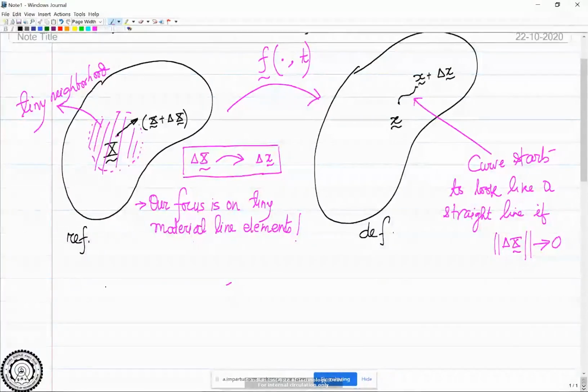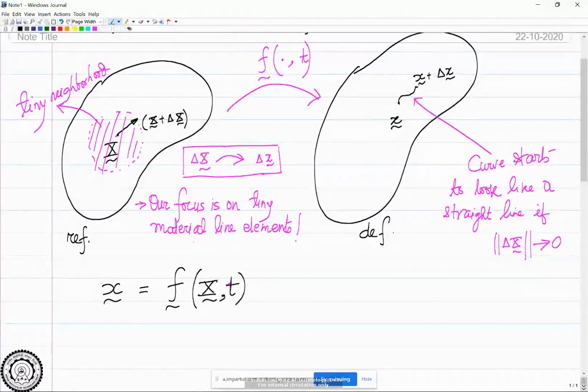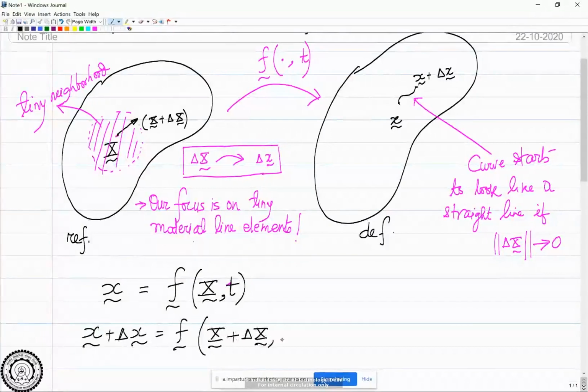So we know that small x is equal to f of capital X comma t, isn't it? So likewise, small x plus delta small x, can we say that this is equal to f of capital X plus delta capital X comma t?